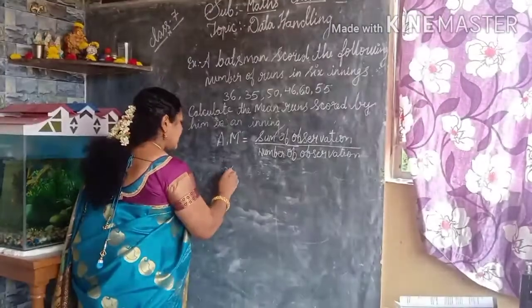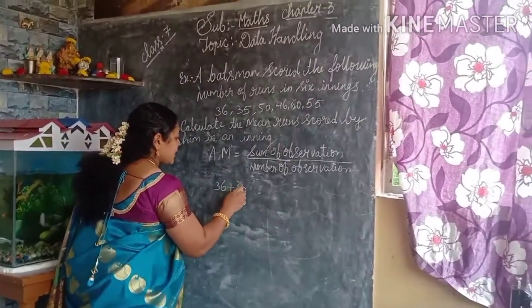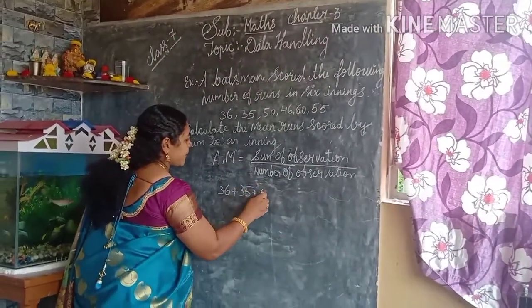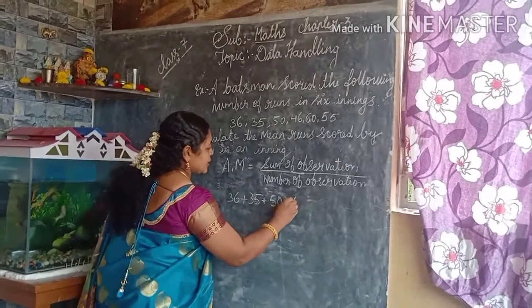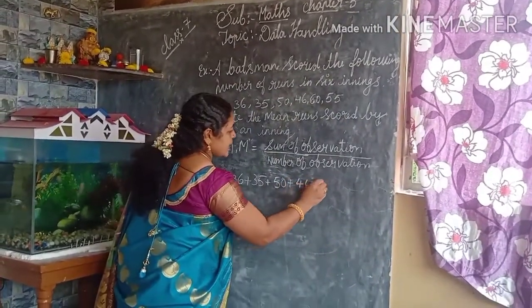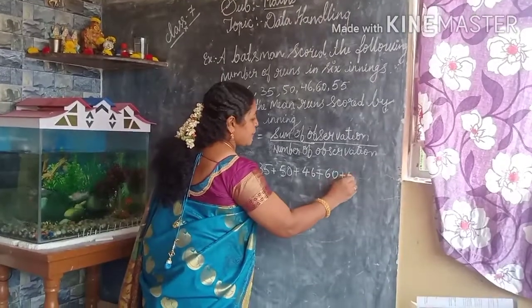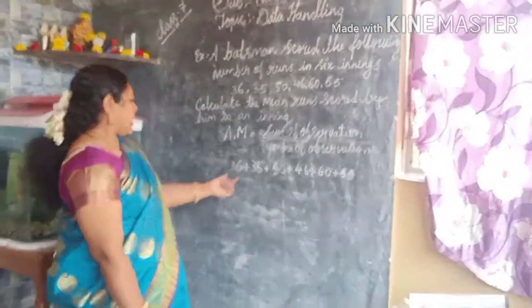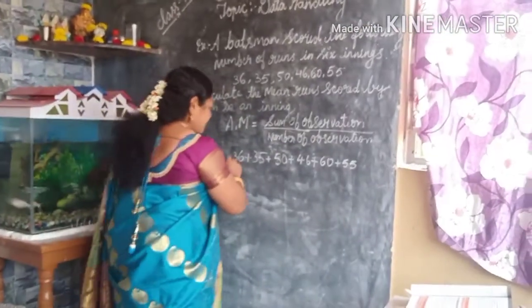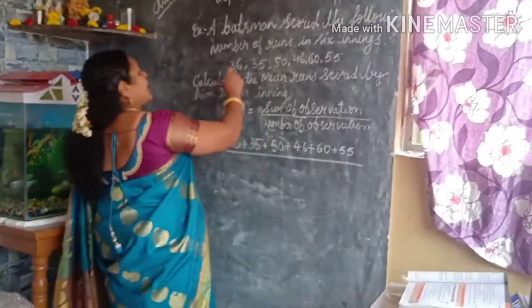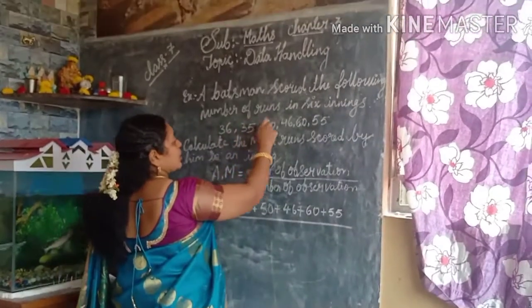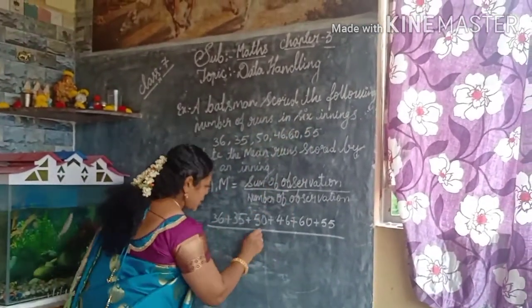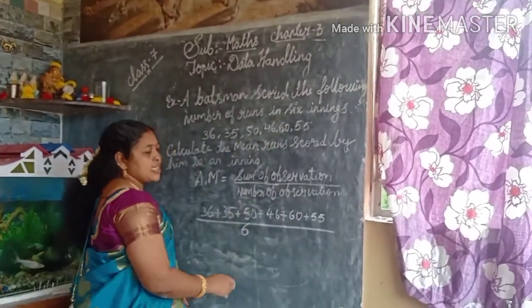Let us start. 36 plus 35 plus 50 plus 46 plus 60 plus 55. So now calculate and tell me what the sum is, divided by number of observations. 1, 2, 3, 4, 5 and 6. So our number of observations is 6 here.